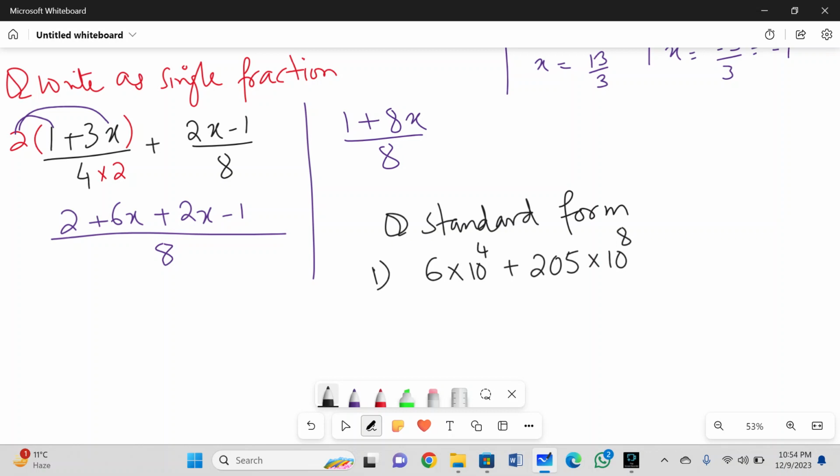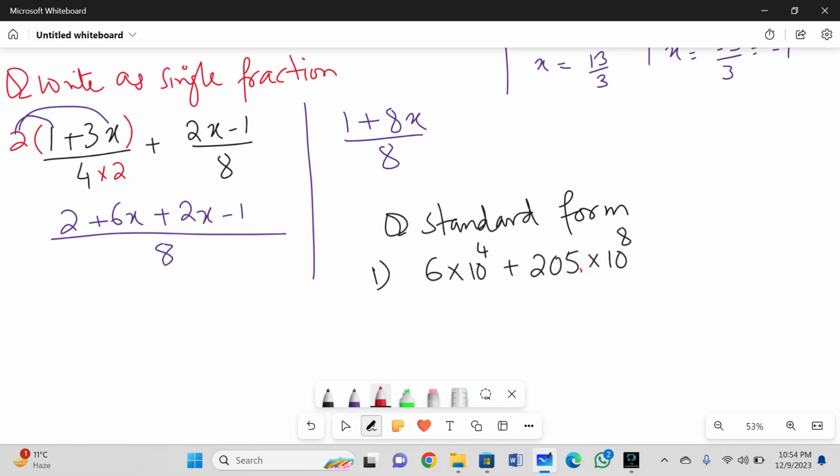Okay, it is going to be very easy then. So if I reduce the power 8 to 4, I need to reduce it by 4 degrees. So I will shift my decimal towards the right side 4 digits further.